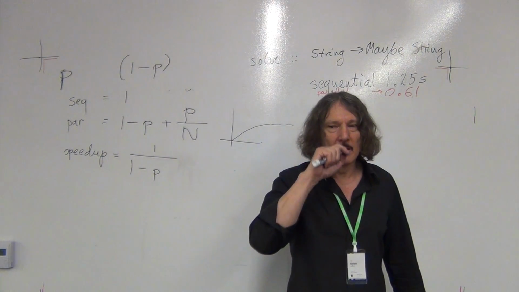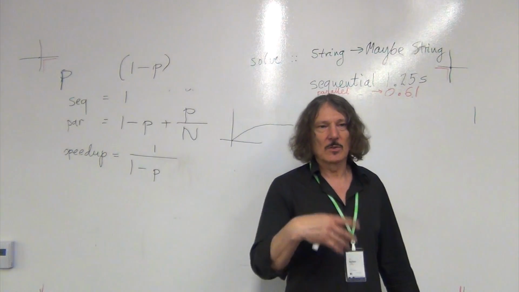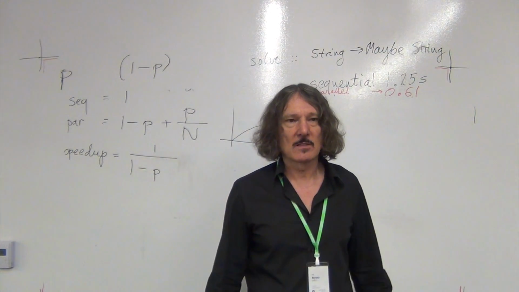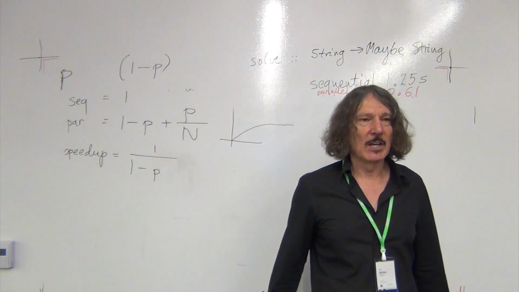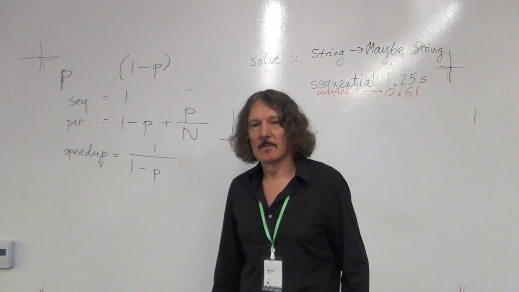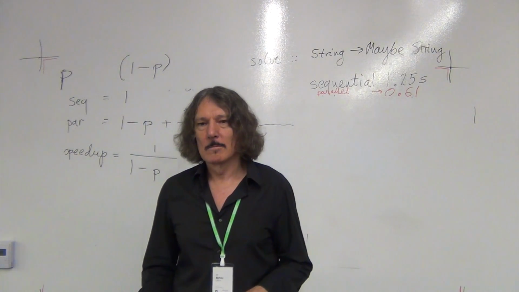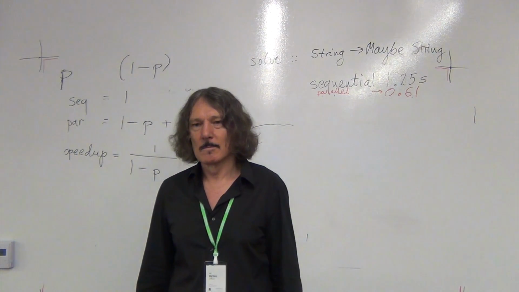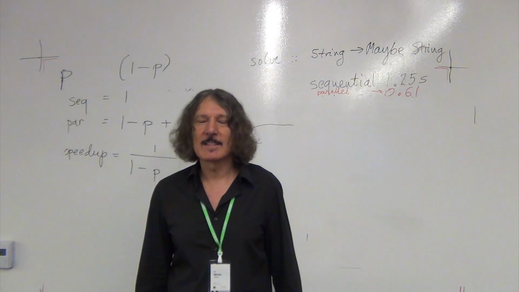So as long as you have enough sparks to satisfy all n processors, this part of the program will run as P over n, right? Now, there are some assumptions being made here, like there are no costs associated with dividing the work up. So it's a simplified model.